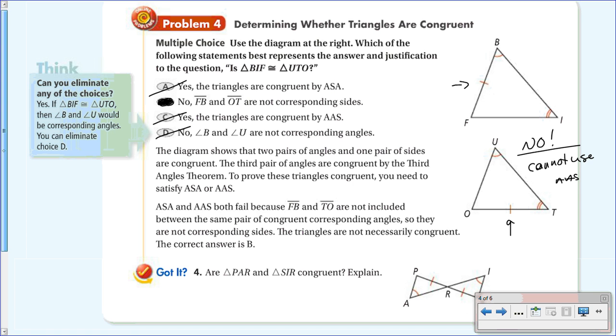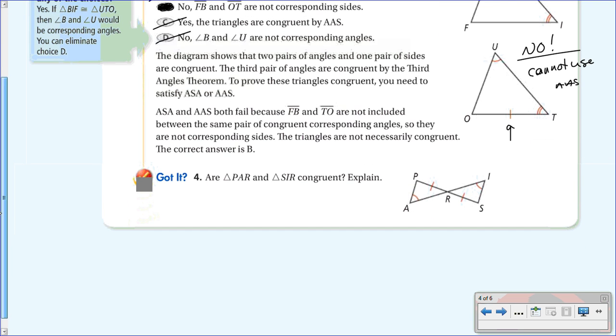Here's another Try It real quick. It says, are triangle PAR and triangle SUR congruent? Explain. So take a few minutes, pause the video, and figure this out. All right, so are they congruent?